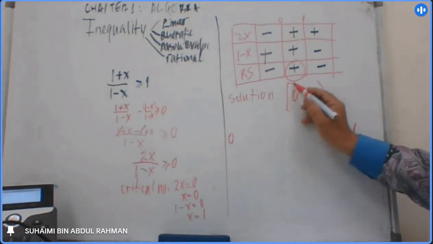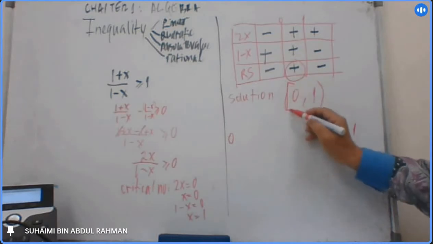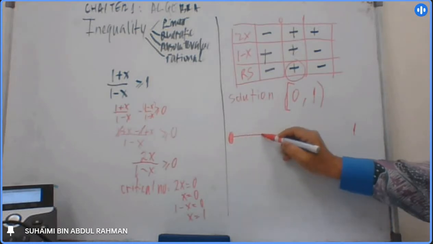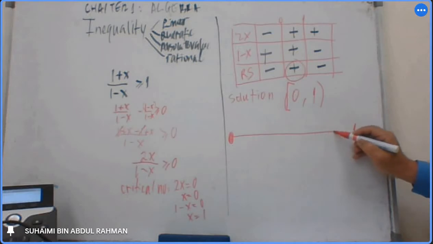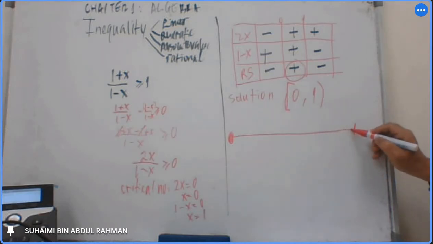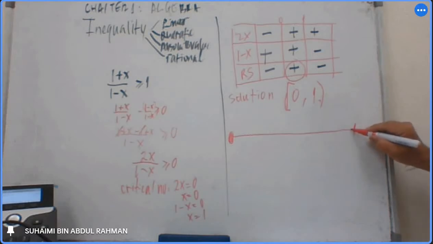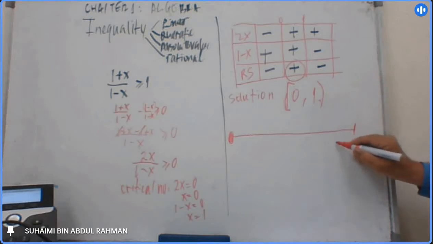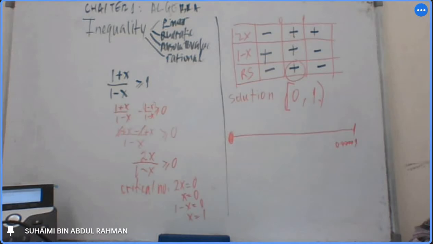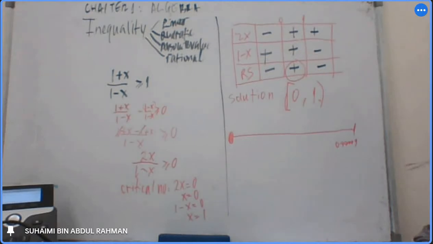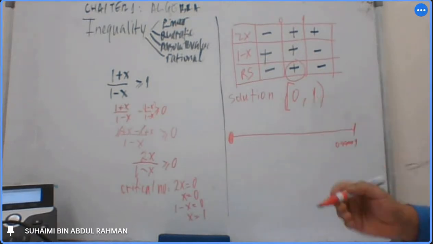The numbers we read start from 0, and we read all the numbers and stop before reaching 1. Maybe the point where we stop is 0.99999, etc. But as long as it is not 1.